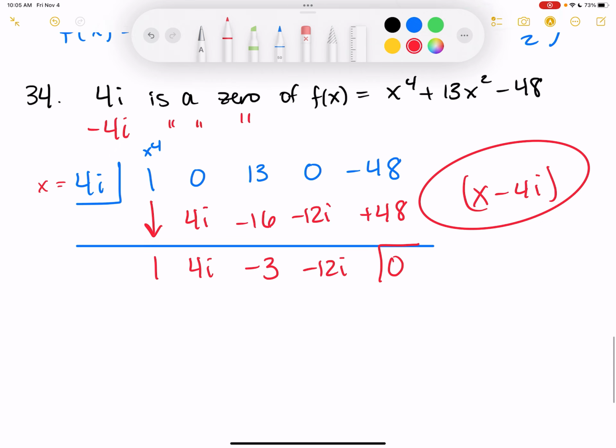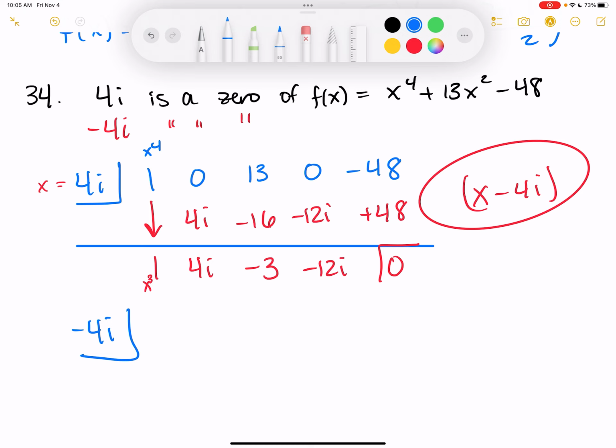So now, this is why I said yesterday you could use the simplified form if you were going to keep going. Because when you get to these, you have to use the simplified form, or you will absolutely be miserable. So we're going to use this new one. So this was x to the 4th, so this is now x cubed. So I know that minus 4i also has to be a 0, so I'm going to use minus 4i. And I'm going to copy down these numbers from here.